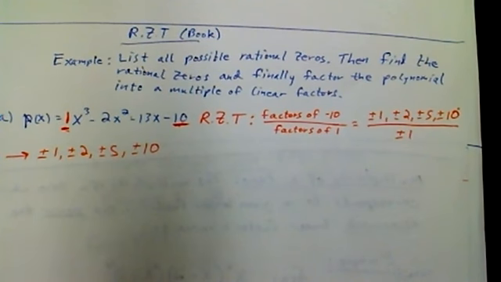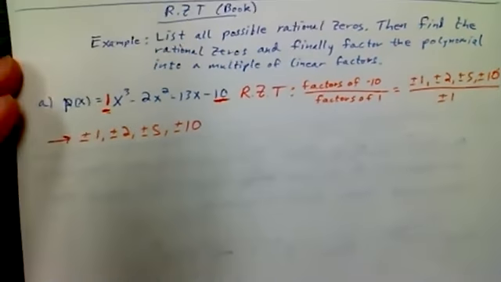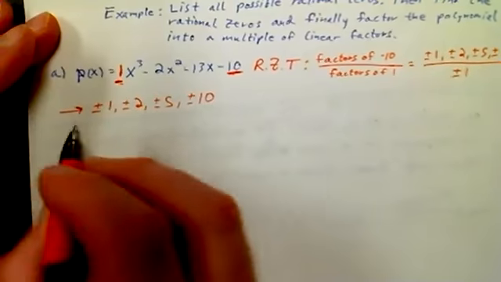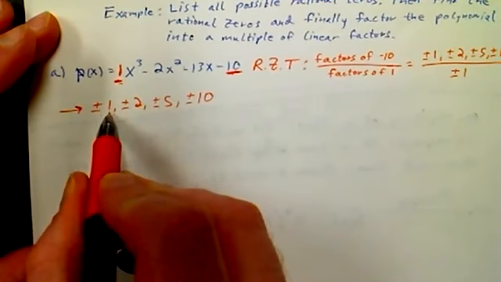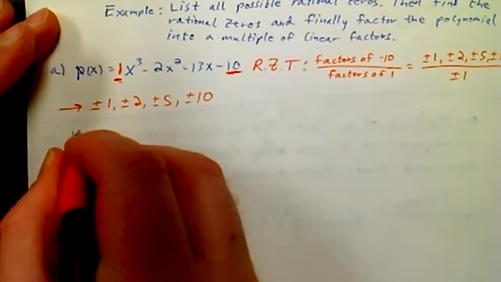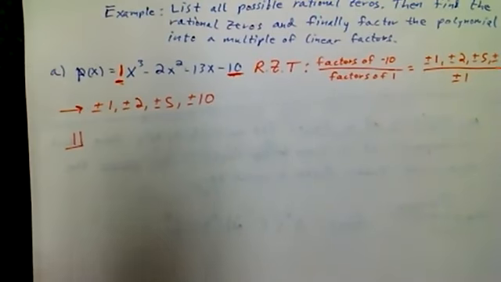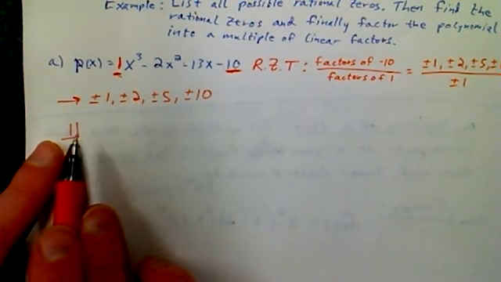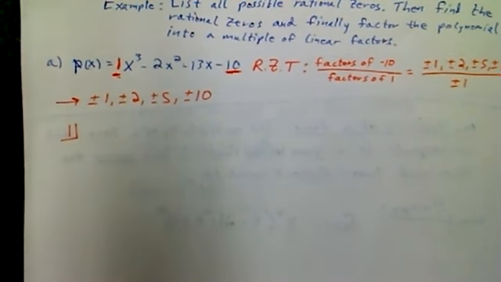Okay. Well, what we're going to do is just test them. Sometimes this can take a little while, hopefully not. So I'm going to test if positive 1 is a 0 first. So here's what I'm checking. If 1 is a 0, which also means x minus 1 is a factor. That's what I'm checking right now.